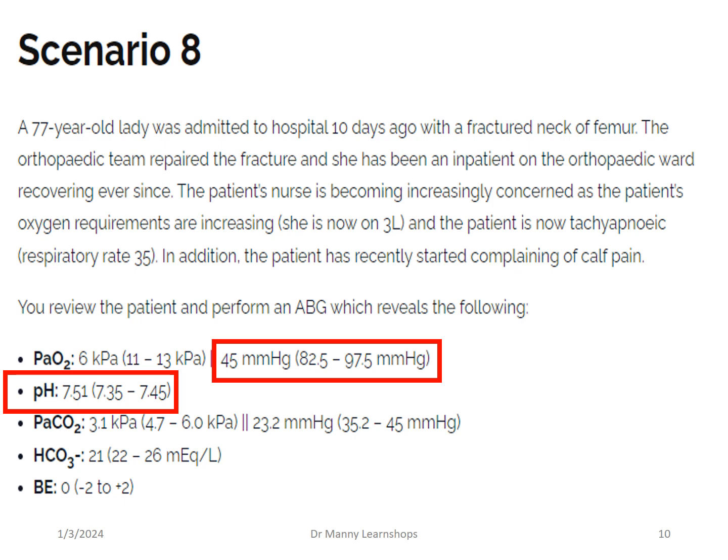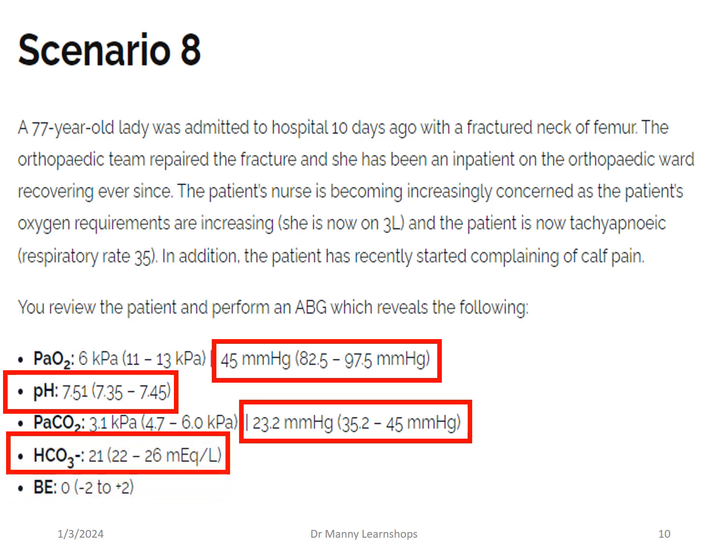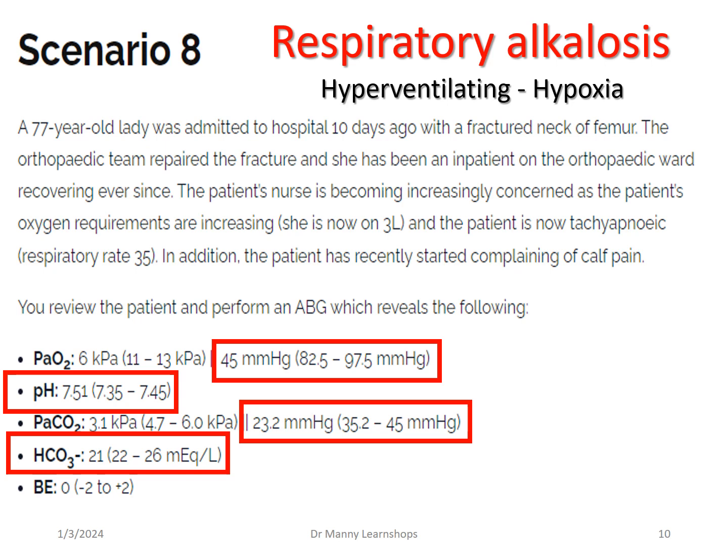Now we have to find out. Her PaCO2 is low, which indicates alkalosis and that she's hyperventilating. The bicarbonate is essentially normal. So the interpretation would be a respiratory alkalosis because she's hyperventilating and she's hypoxic.